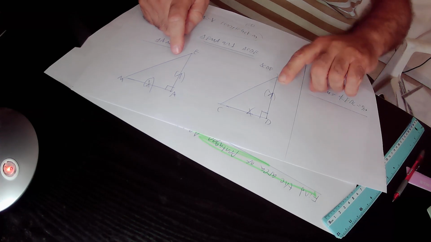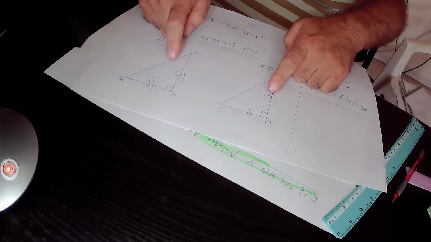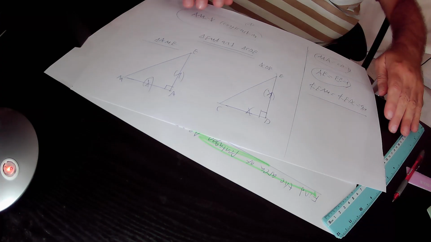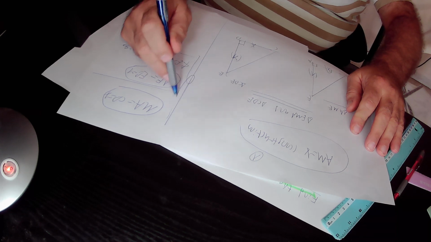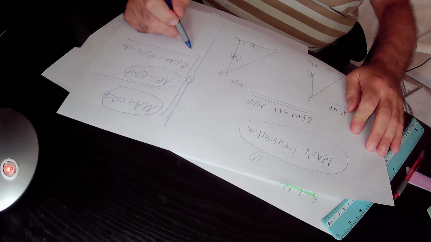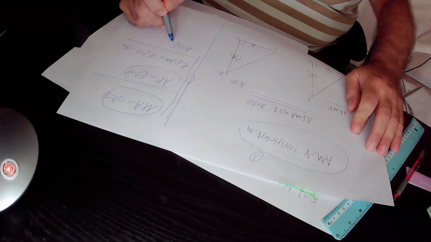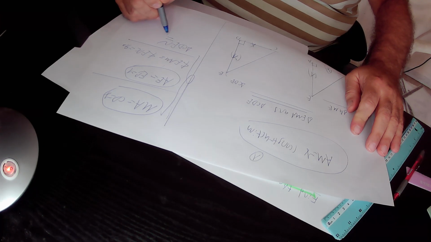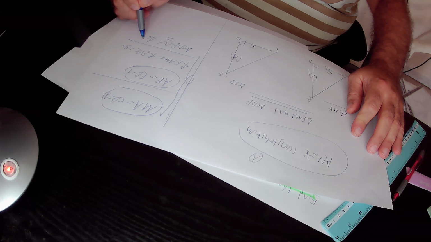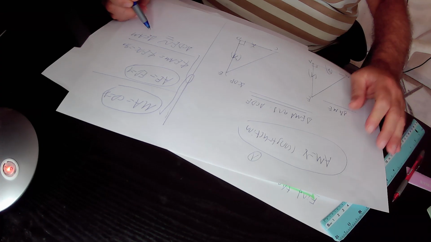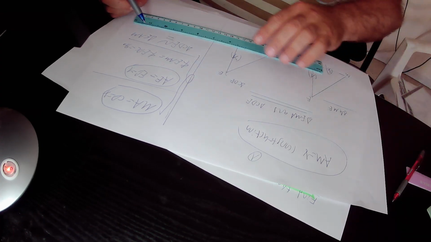Therefore, those two right triangles are congruent according to the side angle side rule. So we follow that the right triangle CDE is congruent to the right triangle EAM according to the side angle side rule.